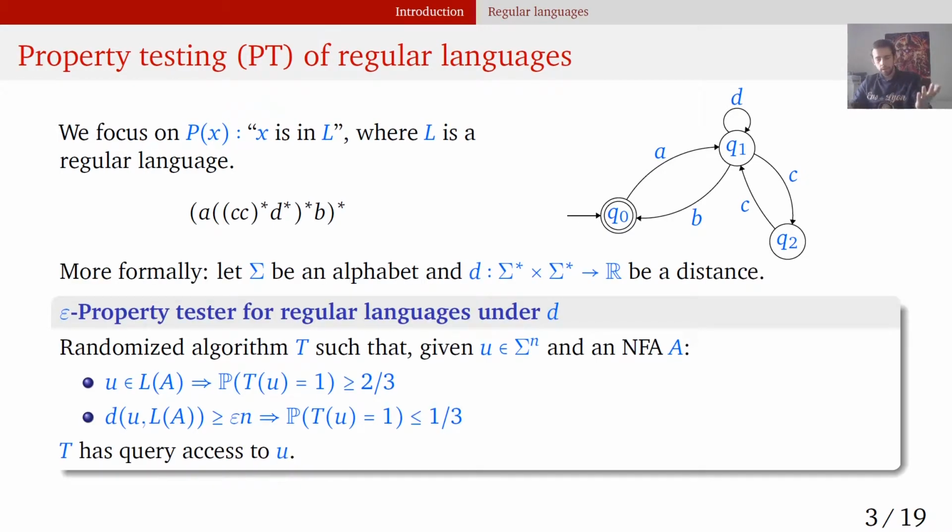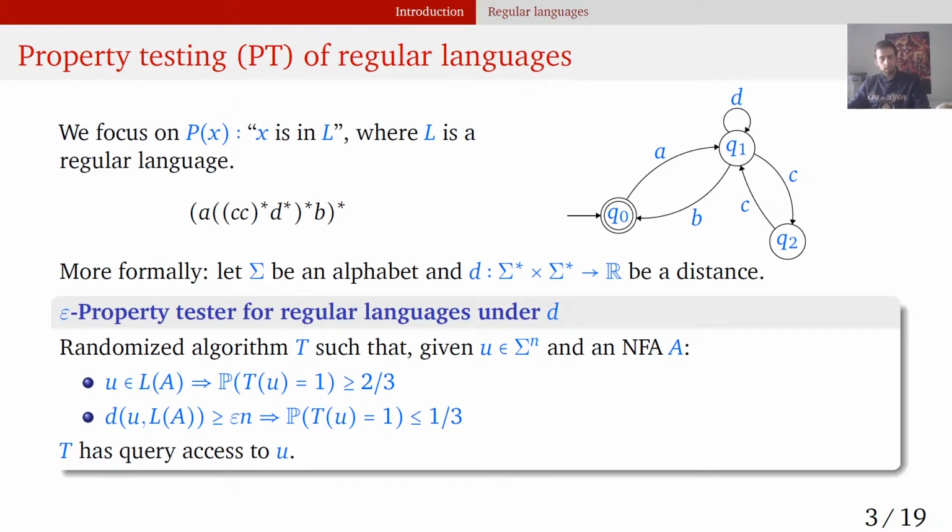More formally, if sigma is an alphabet and d the distance for words over sigma, then an epsilon property tester for regular languages under the distance d is a randomized algorithm such that, given a word of length n and a finite automaton A, this algorithm accepts with probability at least 2/3 words that belong to the language of A, and rejects with probability at least 2/3 words that are epsilon far from this language.